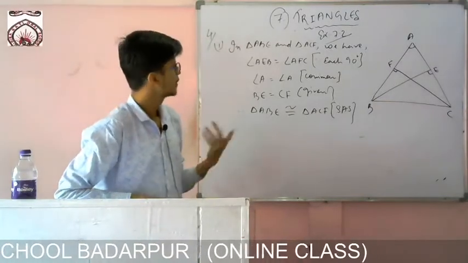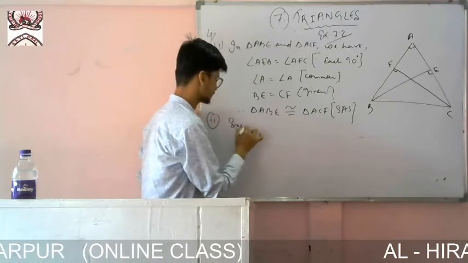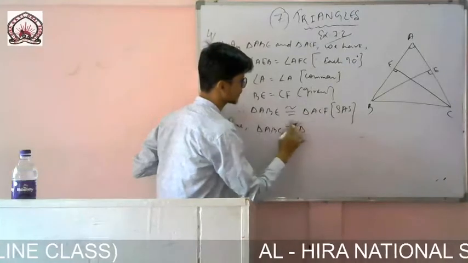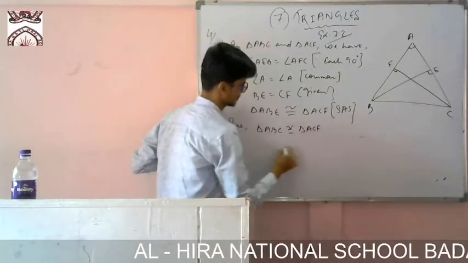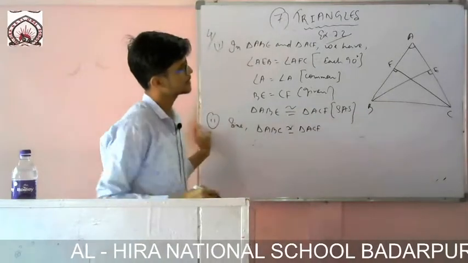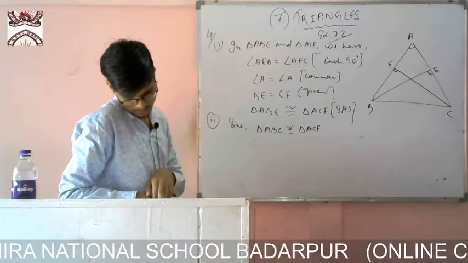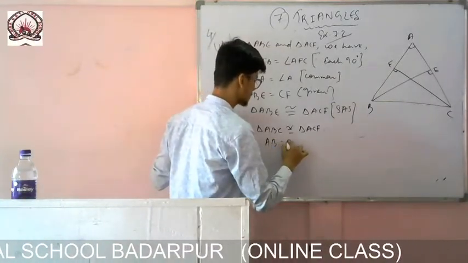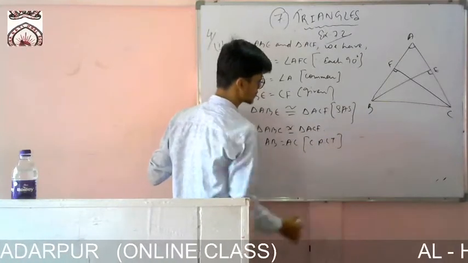So now Roman number 2, very easy. Since triangle ABE is congruent to triangle ACF, I can write that AB is equal to AC, which is what you have to prove, and the reason will be corresponding parts of congruent triangles, so CPCT.